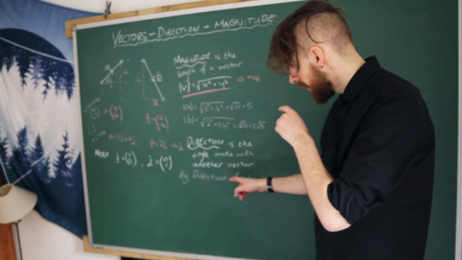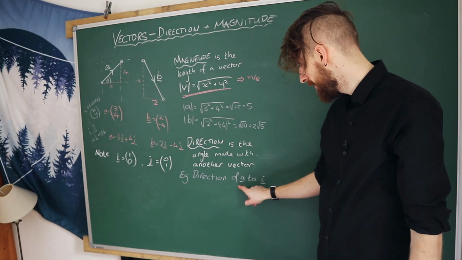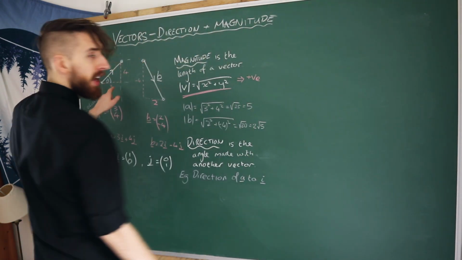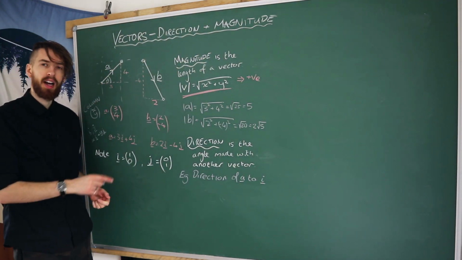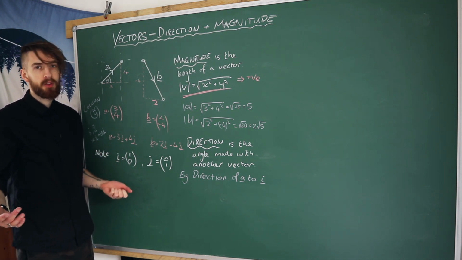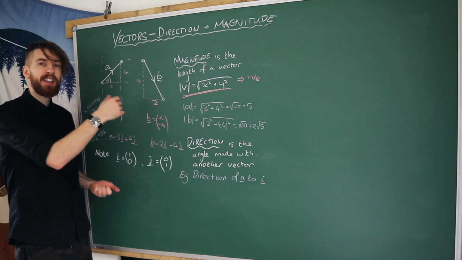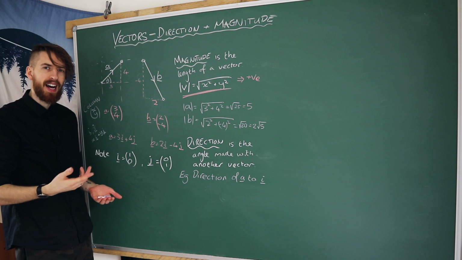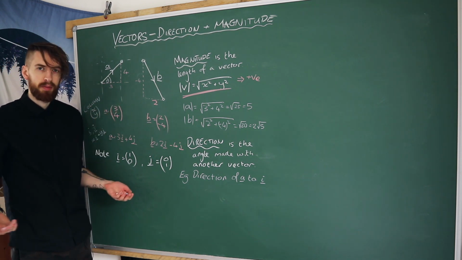For example, the direction of A to i. The direction that A is making to i. All this is, we want to know what that angle is. So it's a little triangle, therefore we're going to use trigonometry. It's a right angled triangle. We've got the adjacent, we've got the opposite, so we're going to use tan. So tan theta is opposite over adjacent.